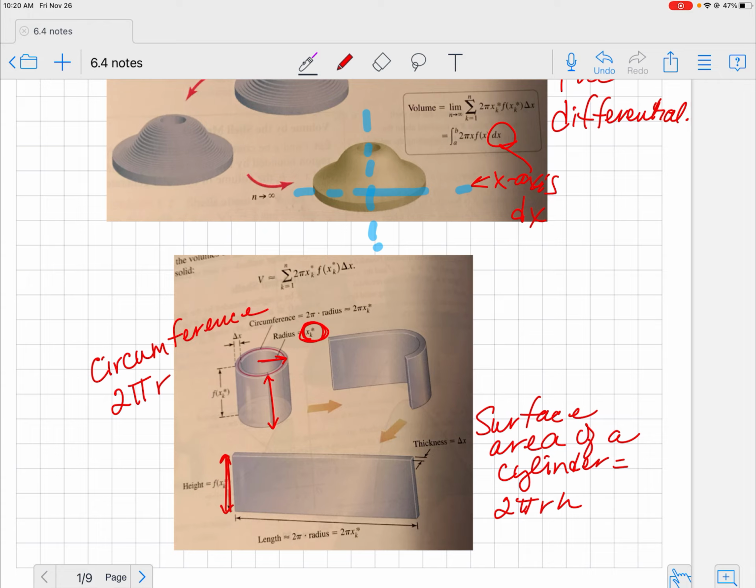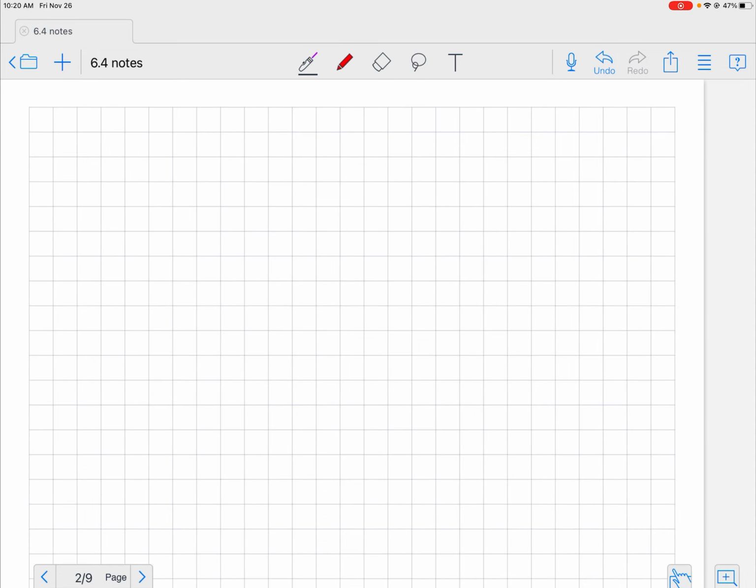All right? But whenever I'm talking about a cylinder, right, that's all we're looking at. A shell is going to be a cylinder, and I'm looking at my cylinder here. Okay, so I ran out of room here. Let's go to this next page. So volume by the shell method looks like this.